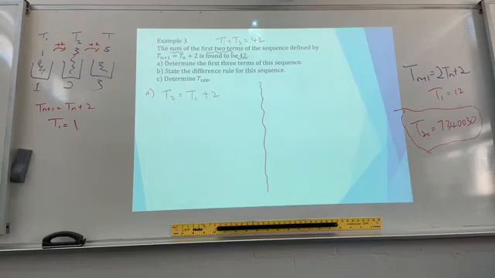Yeah? So since T1 plus T2 equals 42, that's given. You don't have to write it down. Therefore, you know that T2 is also equal to 42 minus T1. Correct? Yeah?